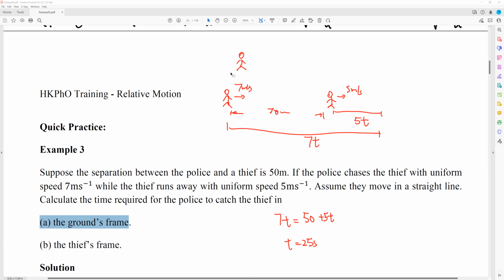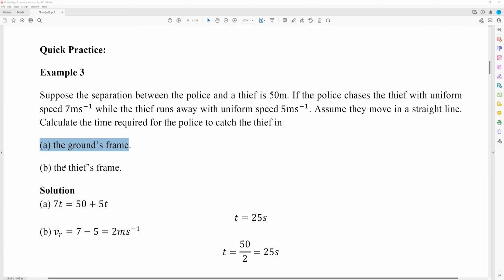So if looking at the thief's frame, what does it mean? That means you are considering the thief is at rest. You are the thief, and you're looking at the police. First of all we need to find the velocity.